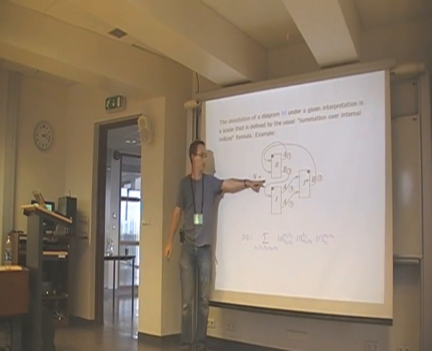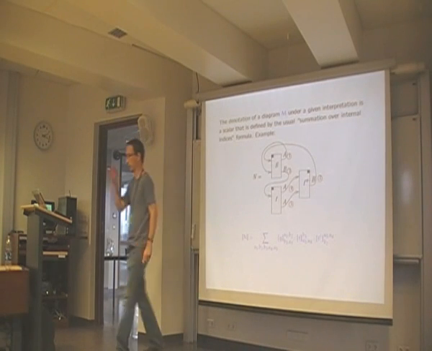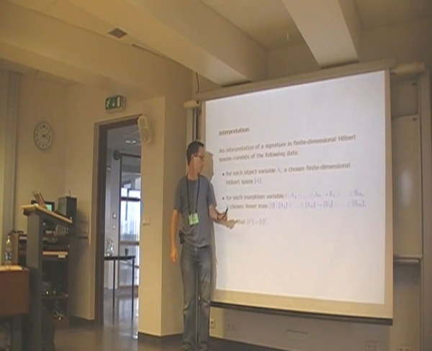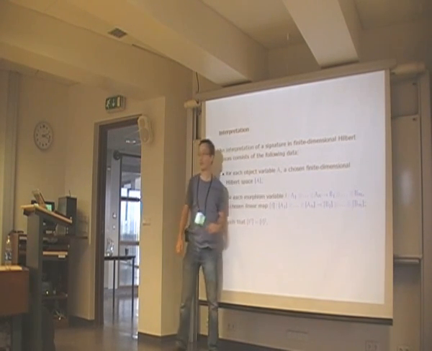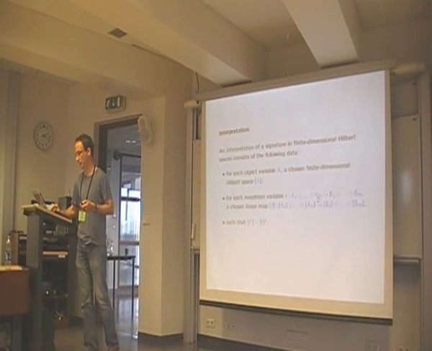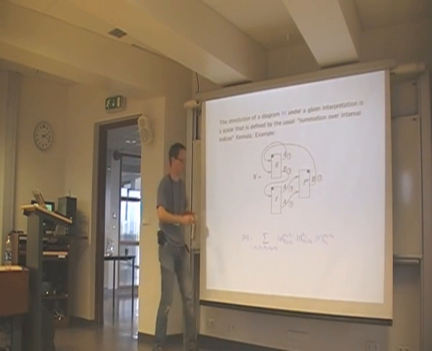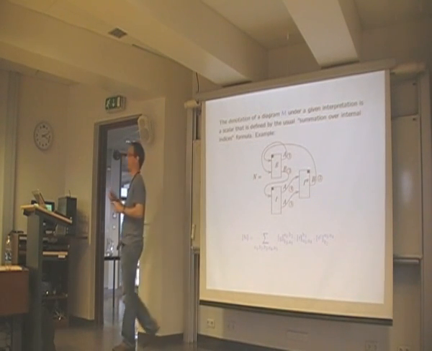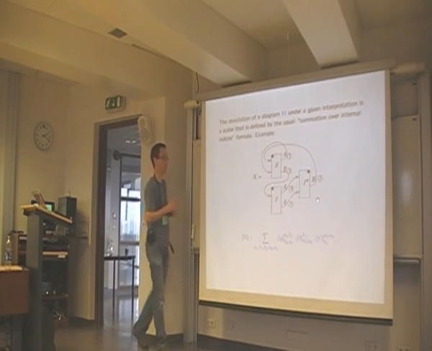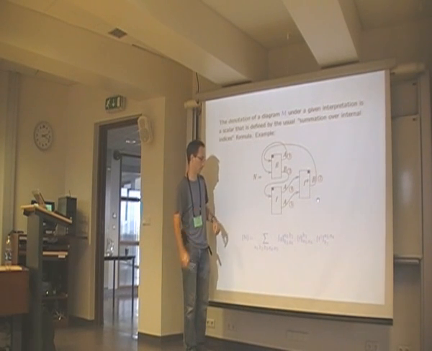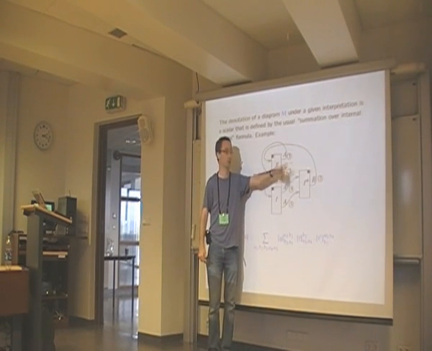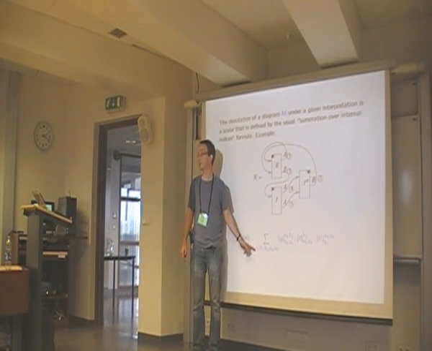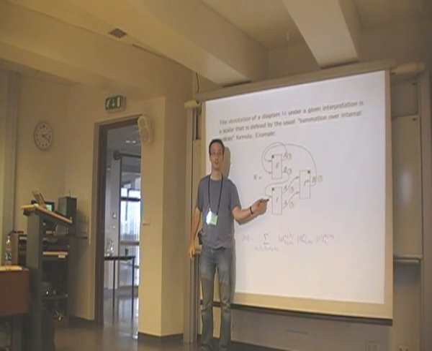Right? That's the same diagram. So for each A, you choose a Hilbert space. For each F, you choose a linear function, and then this determines a scalar, which is given by the usual summation over internal indices formula, or paths, or whatever. I've labeled the wires just for clarity 1, 2, 3, 4, and 5, so you can see what each index in the summation corresponds to a wire in this diagram.